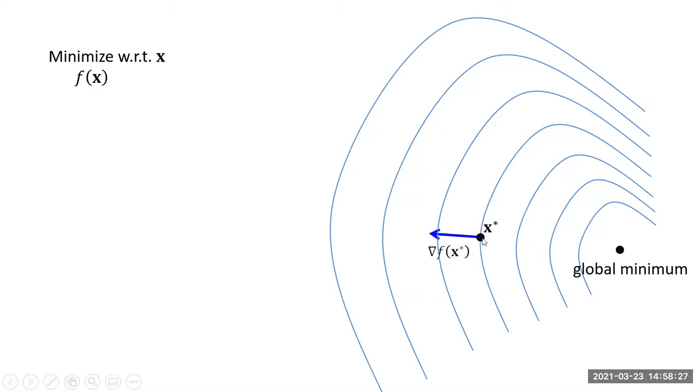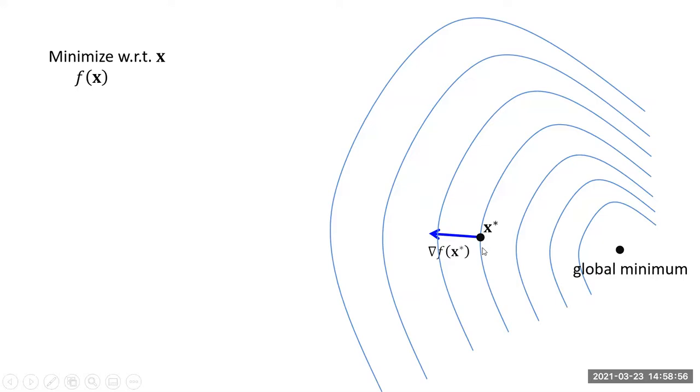Now, let's say this is the constrained minimum. This is the unconstrained minimum, and this is the constrained minimum. Now, at this x star, the gradient must be pointing in the outward direction, in the direction of increasing values of the function, right? The gradient is the direction of steepest increase of the function.